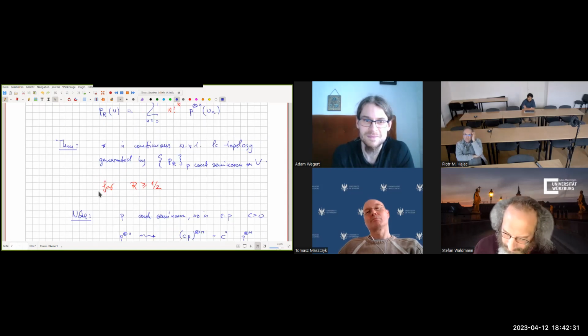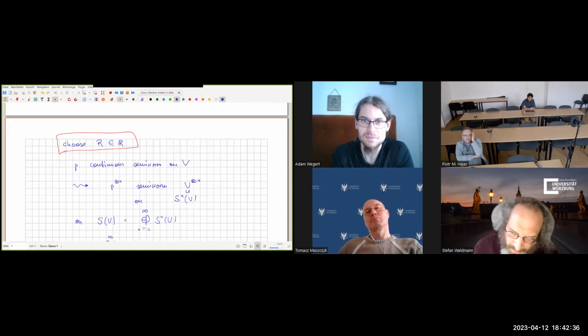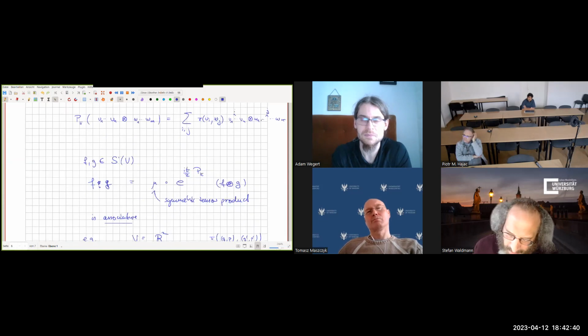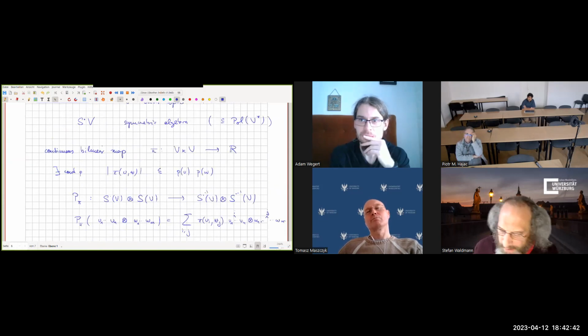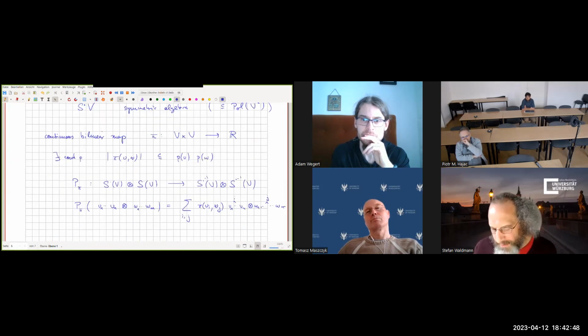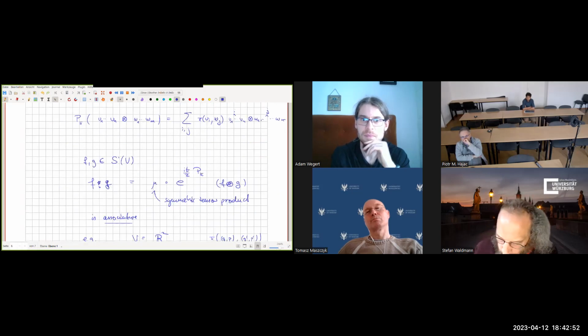So can you remind me whether V is a complex or real vector space? It doesn't really matter too much. In examples, you would probably start with a real vector space, but you would allow your bilinear form also to take complex values if you want. The continuity is very robust. So if you plug in here a different complex number, it would still go through.